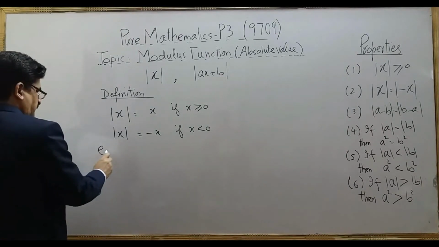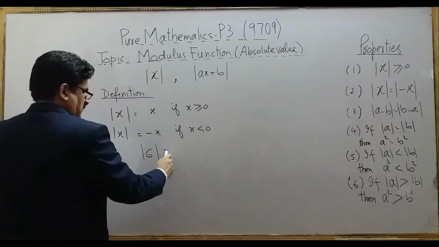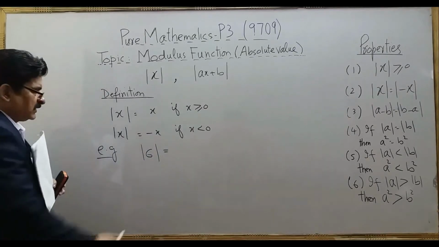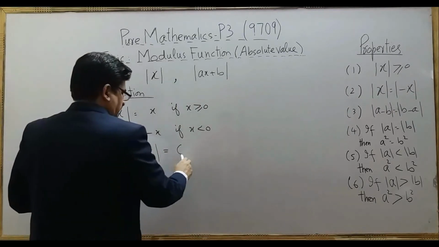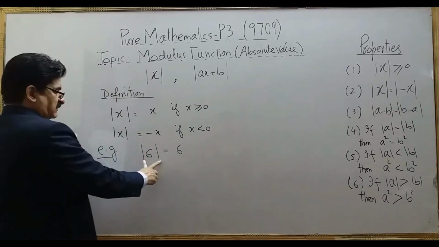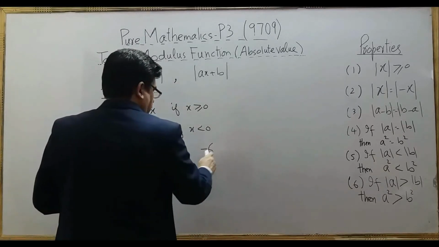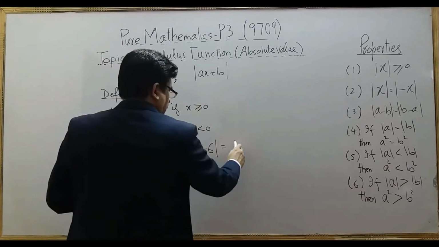Which means that, for example, if you have 6 mod, we have already a positive number, so its absolute value, or value of this modulus function, will be 6. But if you have minus 6, then again you have 6.